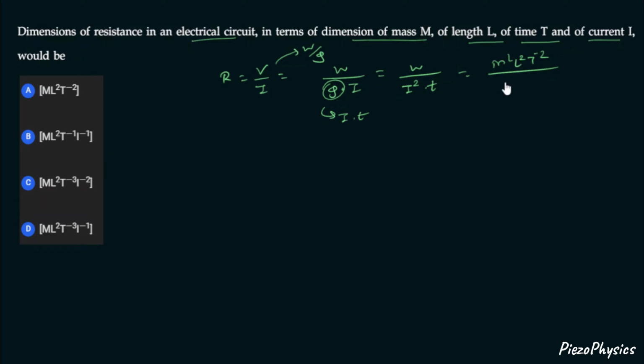I is the current, which is a fundamental quantity, so it can be written as A1, and time has dimension T1. So M1 L2, and this T1 will go upward and become minus, so it can be written as T minus 3, and A to the power minus 2. So the dimension of resistance will be M1 L2 T minus 3 A minus 2. Option C will be the correct option.